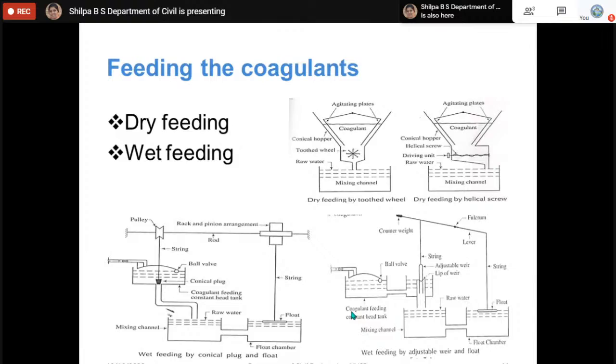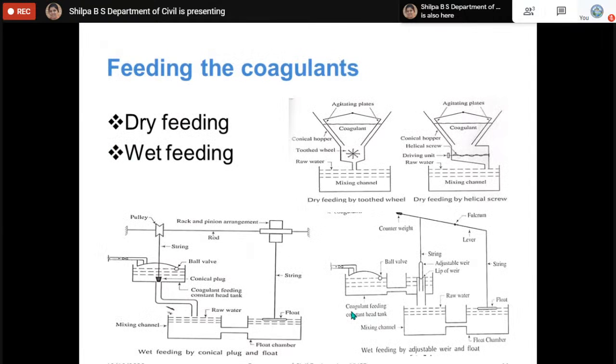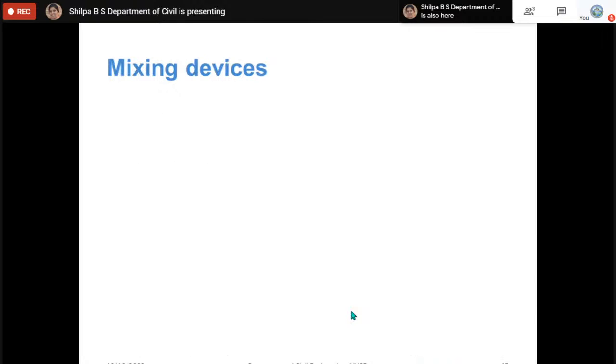So coming to the coagulant feeding, it can be done in 2 ways, dry feeding and wet feeding. The toothed wheel and the helical screw are used for dry feeding, whereas the conical plug float method and the adjustable weir and float are used for wet feeding.